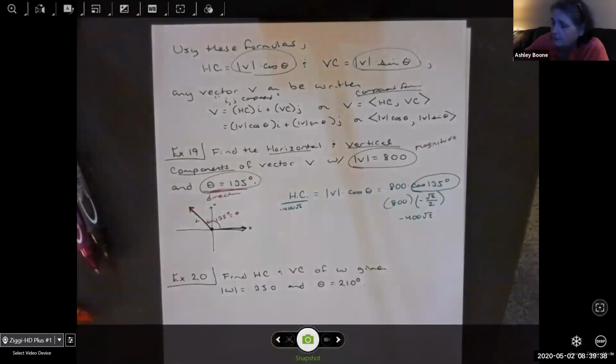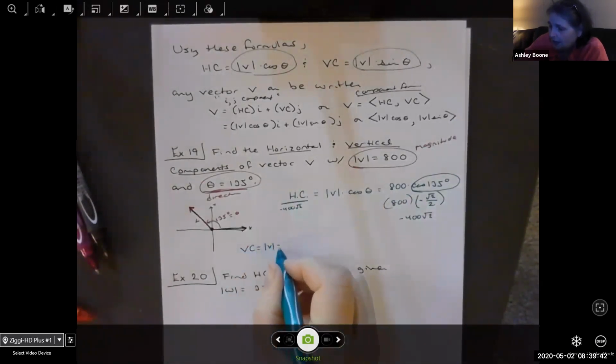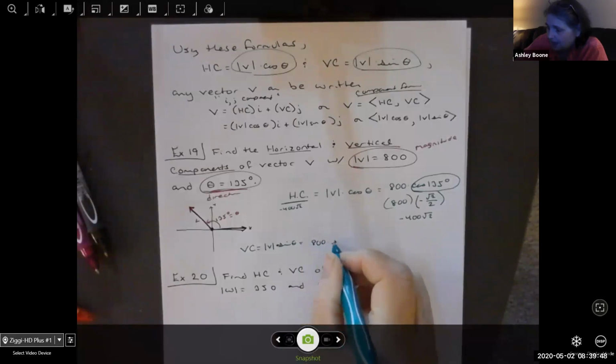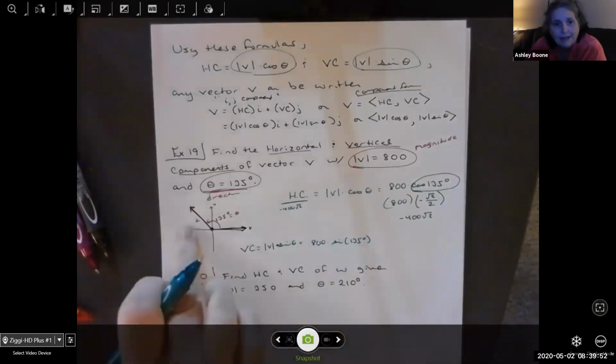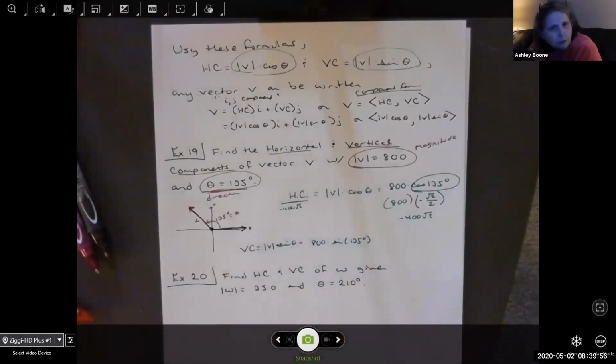We need our vertical component. Vertical component is the magnitude times the sine of the angle. So that's going to be 800 times the sine of 135 degrees. If you're going back and up, that's kind of like going into the second quadrant. Sines are positive there.